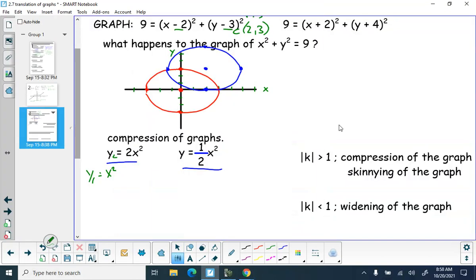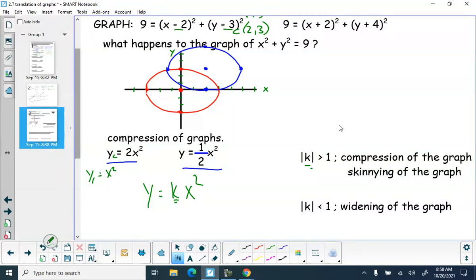So when you have this k value, the absolute value of which is greater than 1, you're going to get a compression of the graph. It's going to get squeezed in, because this value here is going to make my y value grow faster.